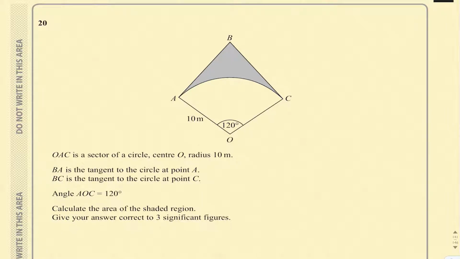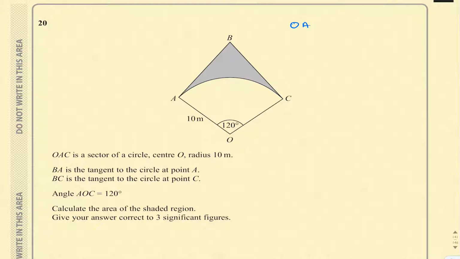Right, question 20. We're given the angle and told to calculate the area of the shaded region. Because we have a sector of a circle, we basically have a kite.